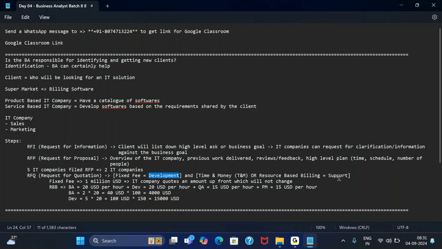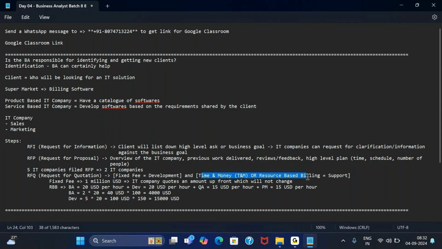Whereas support is more like they are not getting money, they are trying to resolve issues of the customer. So if it is a development project, where it is about adding new features to an existing software or building new software from scratch, IT companies usually give fixed fee quotations. If it is a support related project, IT companies usually give resource based billing or time and money.